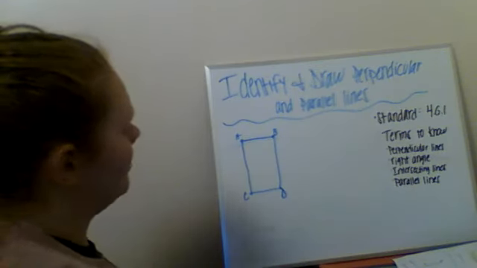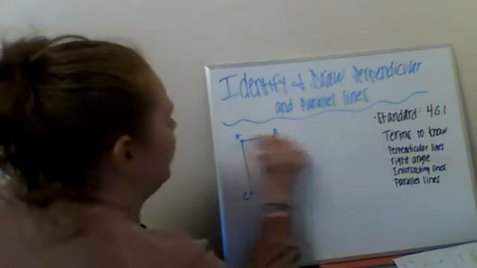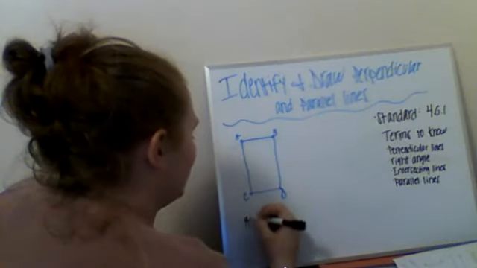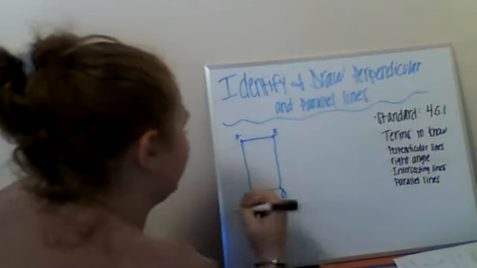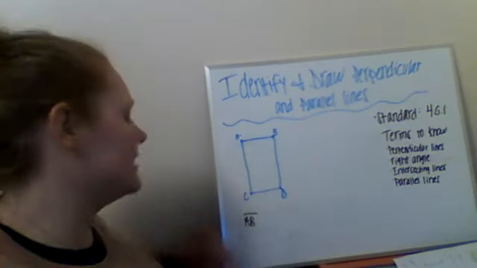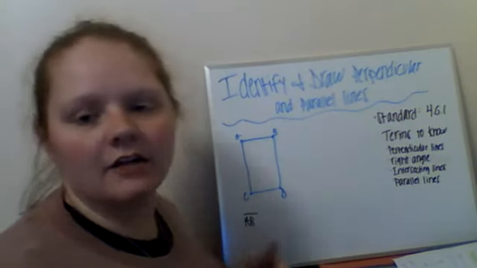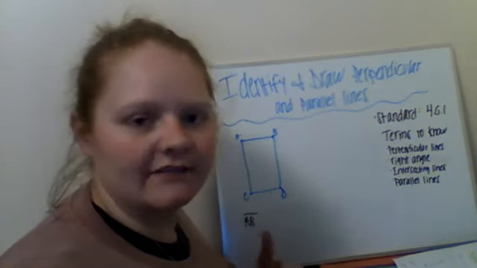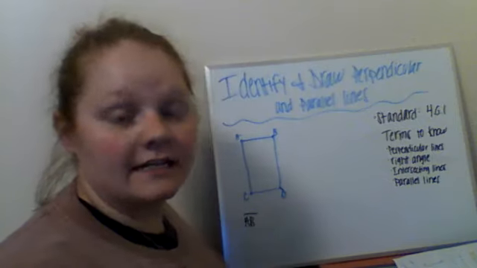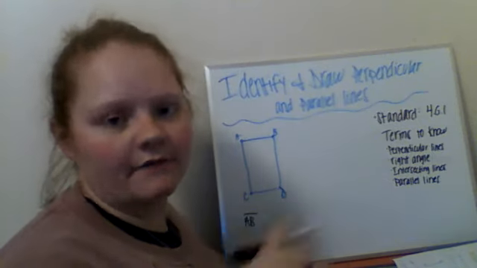All right, so I'm going to start with my line segment AB. So I'm going to figure out what line or lines are parallel to line segment AB. Well, if you remember what the definition of a parallel line is, two lines that never cross.